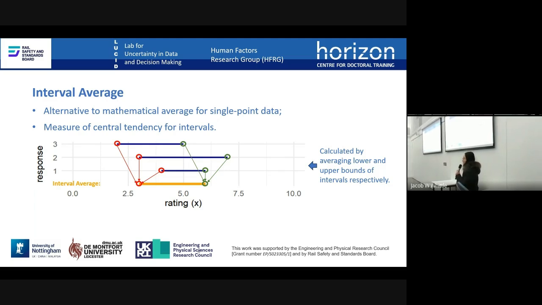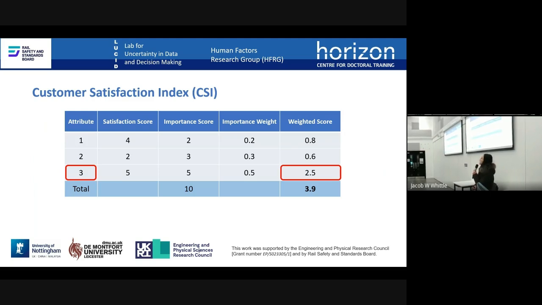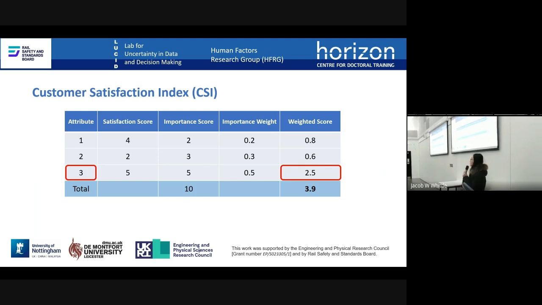We tried to use the interval value data in the railway customer satisfaction context. We combined it with the very widely used Customer Satisfaction Index, CSI. If you're not already familiar with it, the idea is we collect the satisfaction and the importance score from the passengers or customers, and then we weight the satisfaction score by the importance score, and then we get the overall contribution.